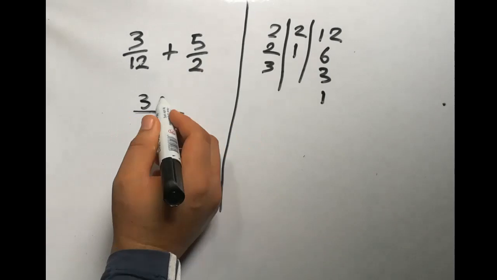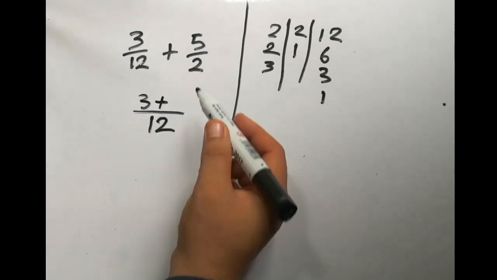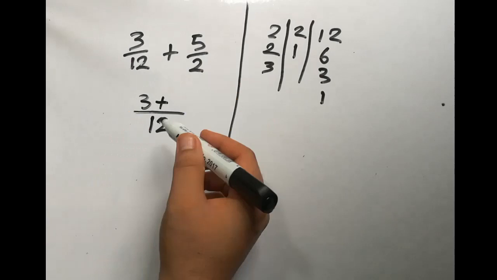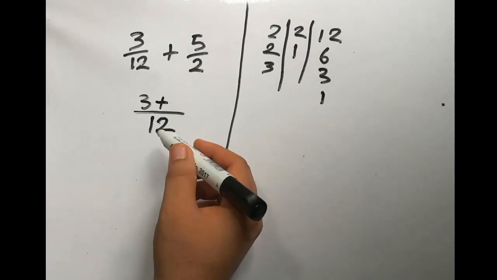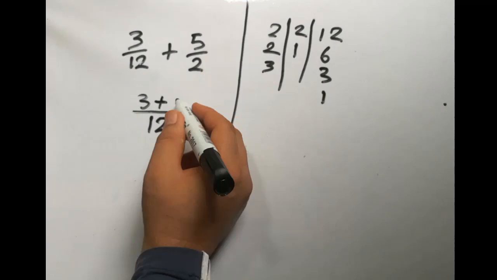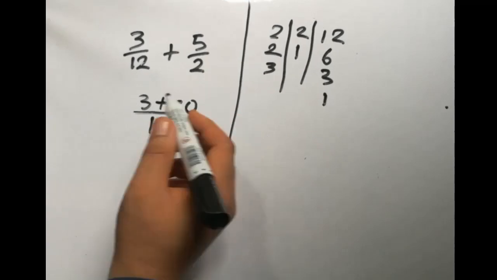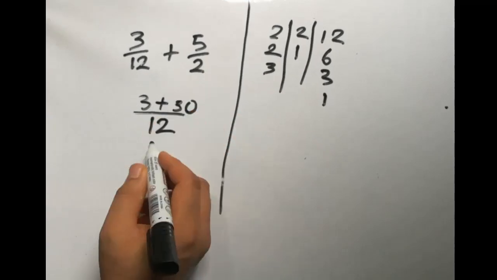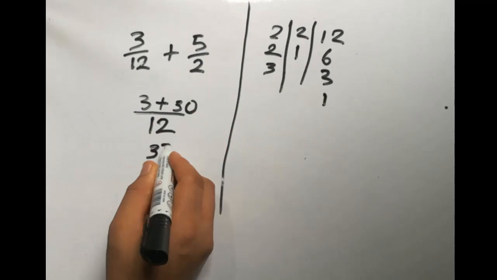I bring down my plus sign. 2 into 12 will give me 6. 6 times 5 will give me 30. 3 plus 30 will now give me 33 over 12.